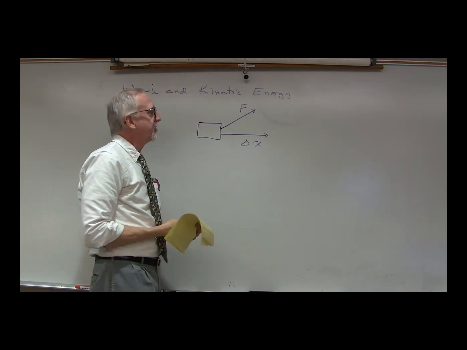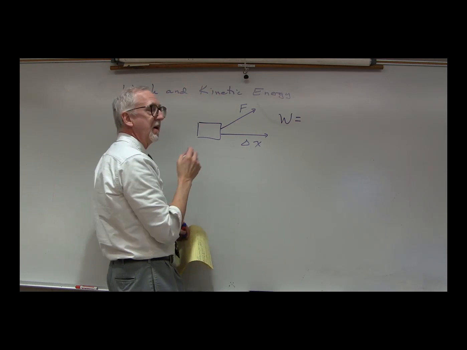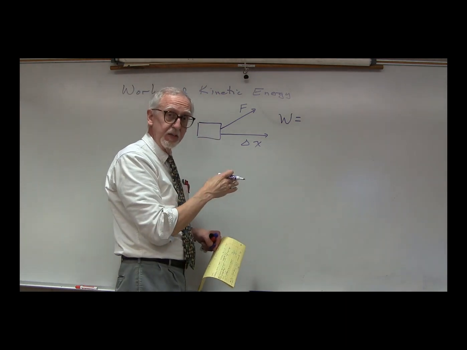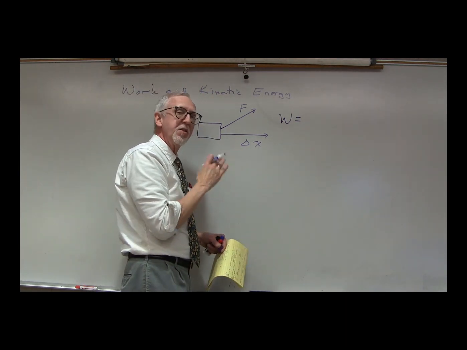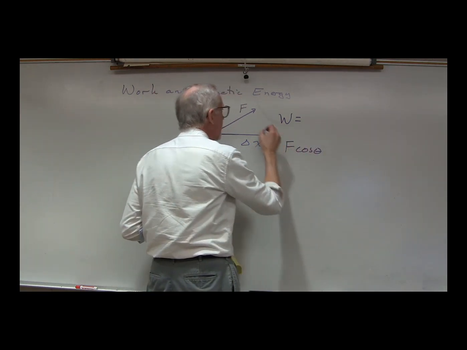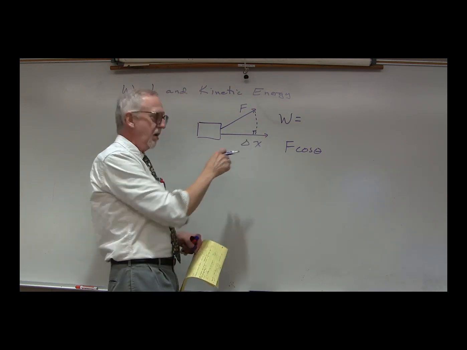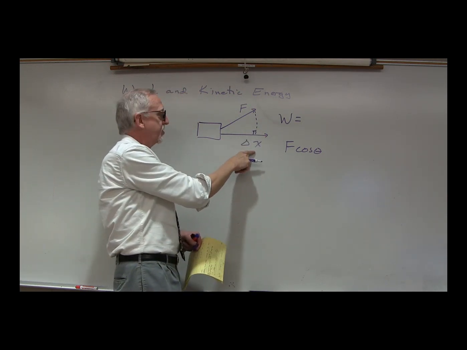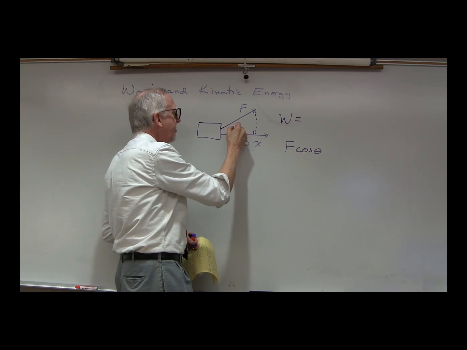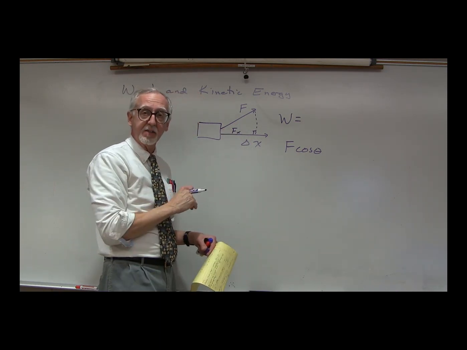Now, what is the work? The work is F delta x cos theta. And again, I want to think about this F cos theta. What is F cos theta? It's the component of the force in the x direction. So that's F sub x, the component of the force along x.